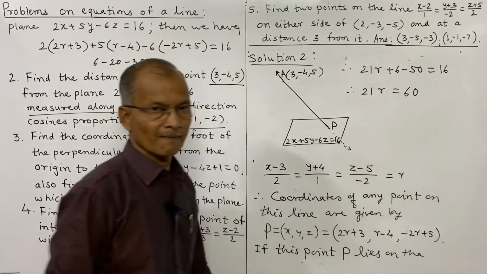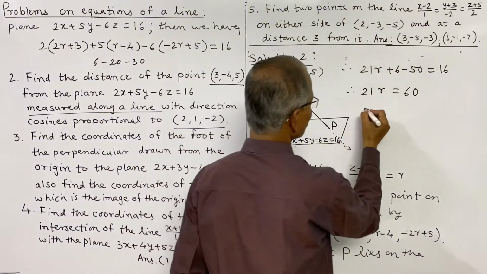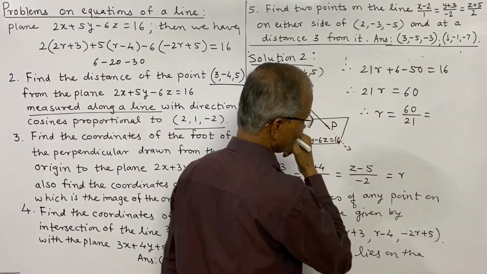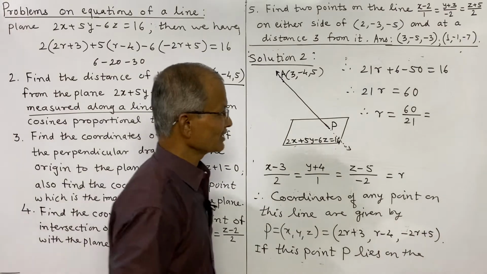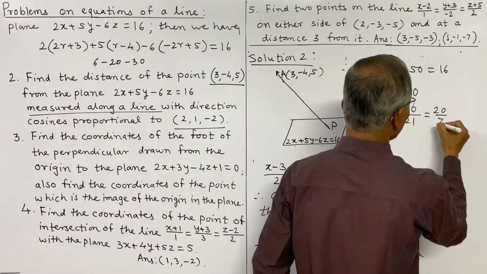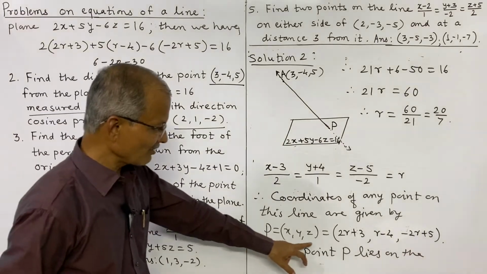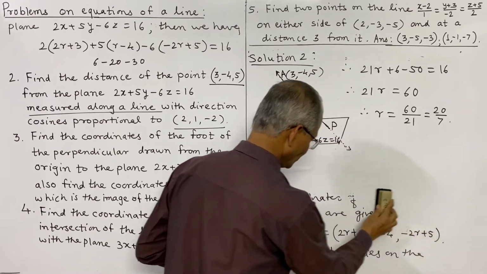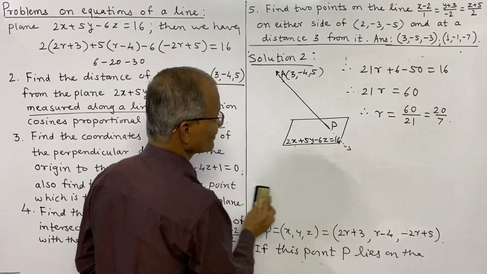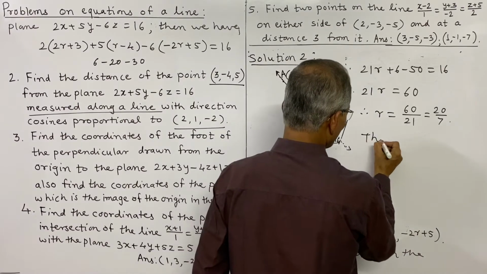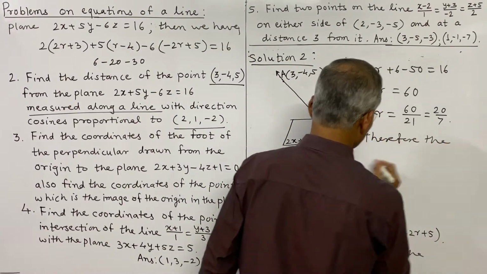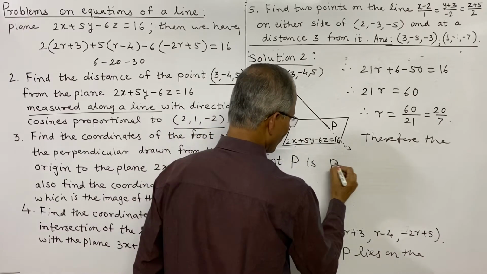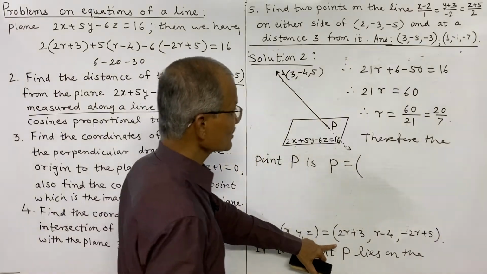You check it. And therefore R is 60 divided by 21, or that can be written in brief form. It is divisible by 3, so 20 by 7. This is the value of R. And now we have to put this value of R in P. So therefore the point P is, from this, equal to, R is 20 by 7.